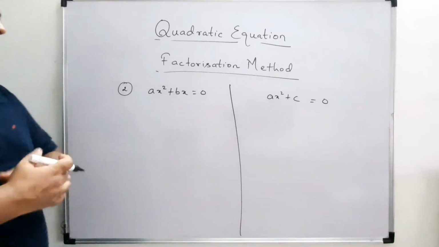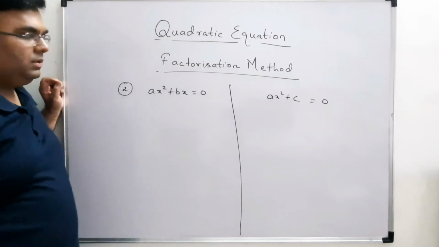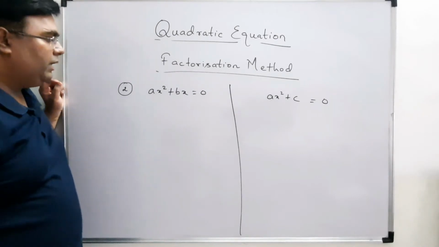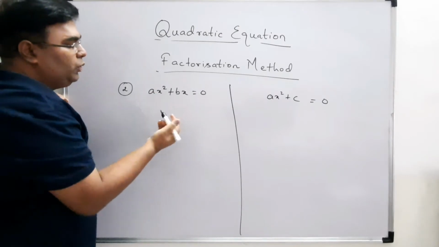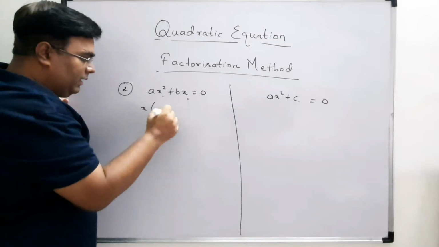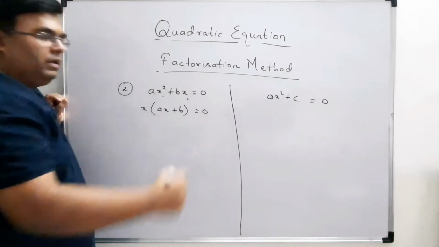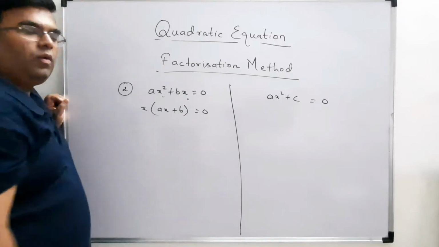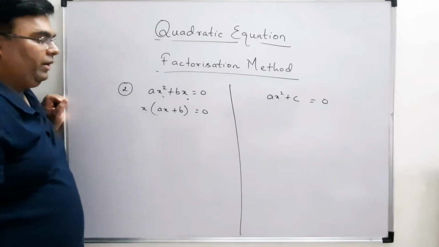Now let us understand, right? So we have these two types in which only two terms are there. Here if you want to factorize, what you can do, you can take x common from both the terms. This is one of the forms where we can say that we have factorized our quadratic equation.